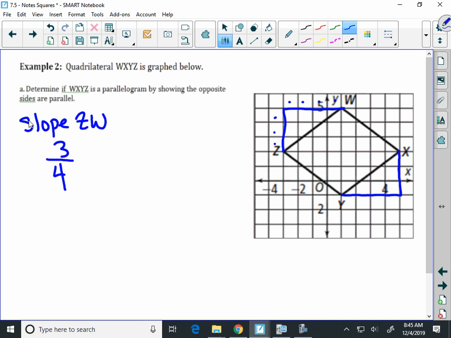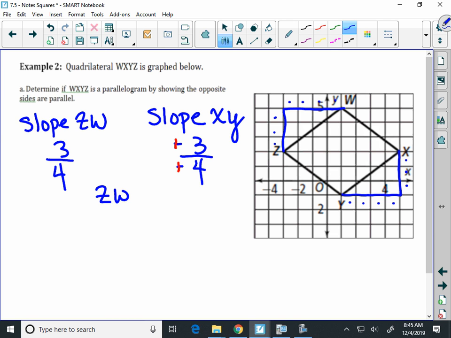So if we draw that in, the slope of XY, well, we went down 3, and we went left 1, 2, 3, 4. Even though we have negative 3 divided by negative 4, we could make that positive because 2 negatives make a positive. What we see then is that ZW is parallel to XY. So there's one set of parallel sides.